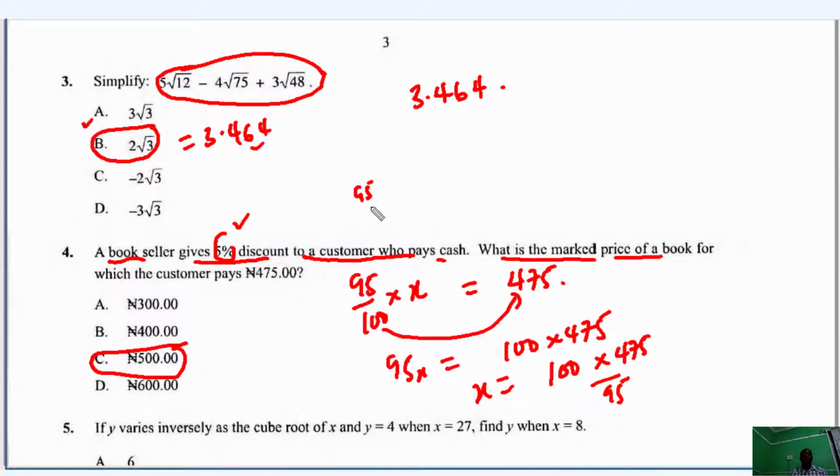Good. Because discount means a deduction or giveaway, you reduce it by the discount percentage. 95 over 100, because it's in percentage, times the actual amount at the shop will give you what the person paid, 475. So that's how we calculate discount.